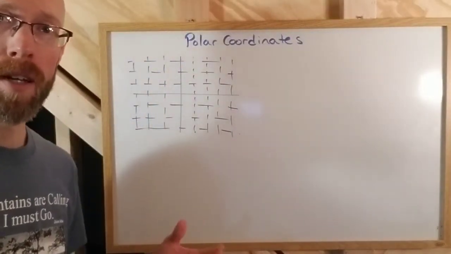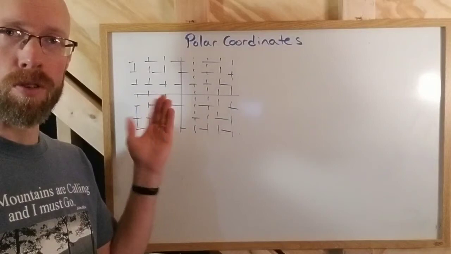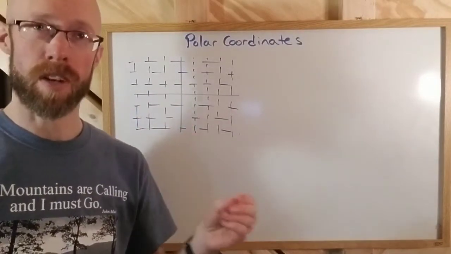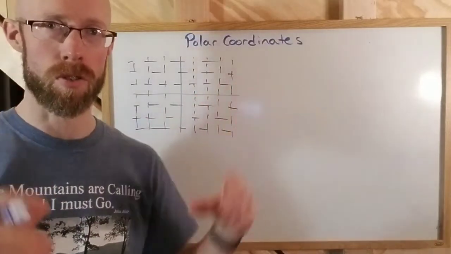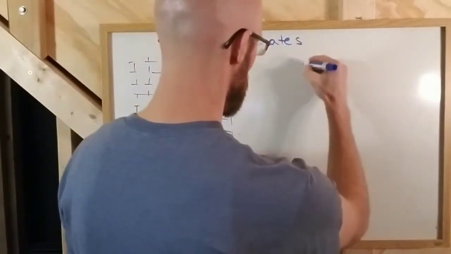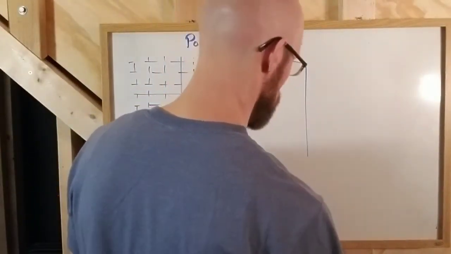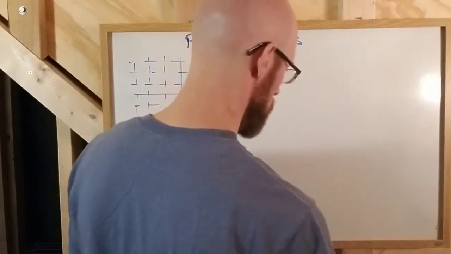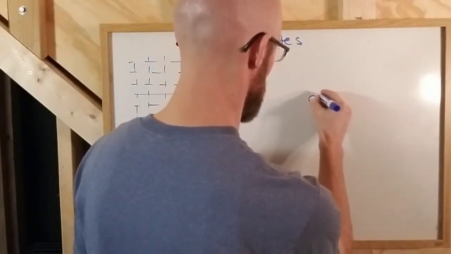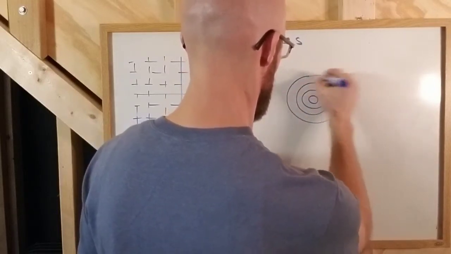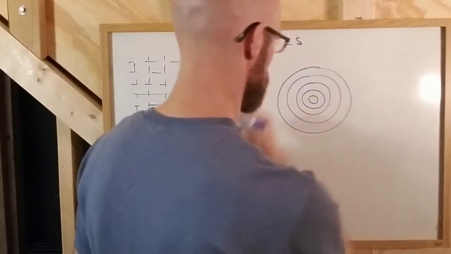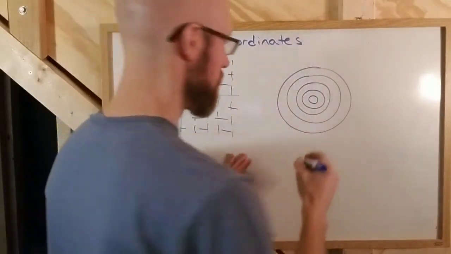A polar grid, instead of fixing a horizontal and vertical direction, you fix a radius, and then you have sort of concentric circles building out. So a polar grid, oh, you know what? It's better to draw the circles first. Imagine these actually being concentric circles.